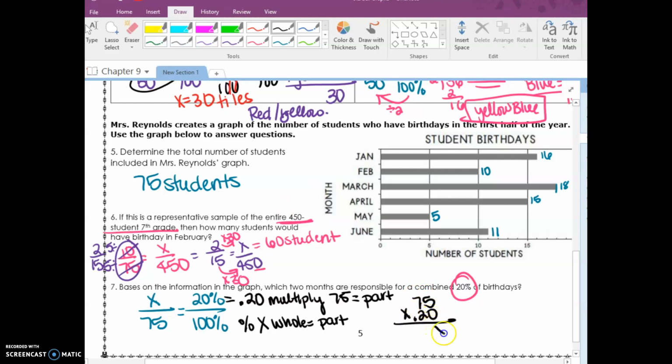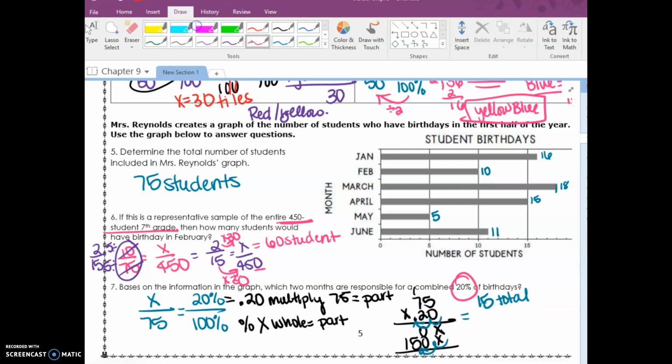Anything times 0 is 0, so I'm going to put my placeholder of x and 0. So 2 times 5 is 10, 2 times 7 is 14, 15, and then I'm going to do my 2 decimal places, and I'm going to have 15 as my total for my birthday.